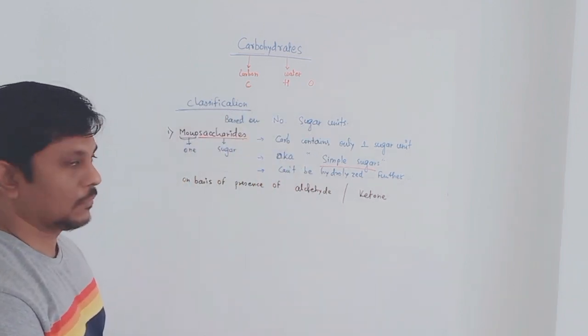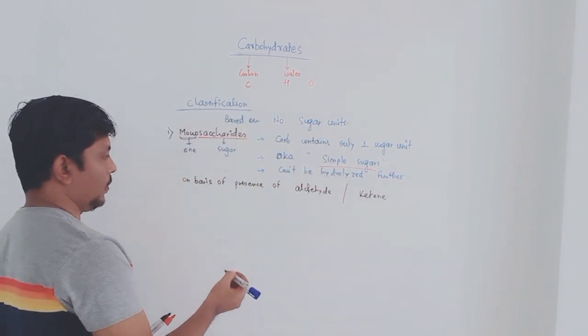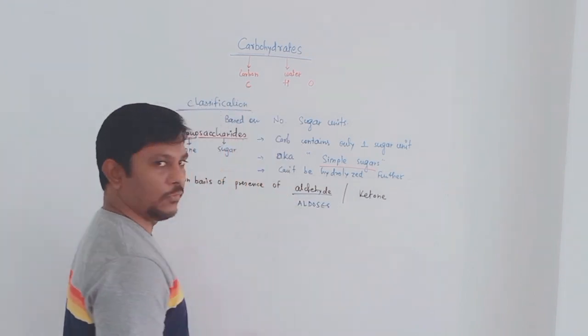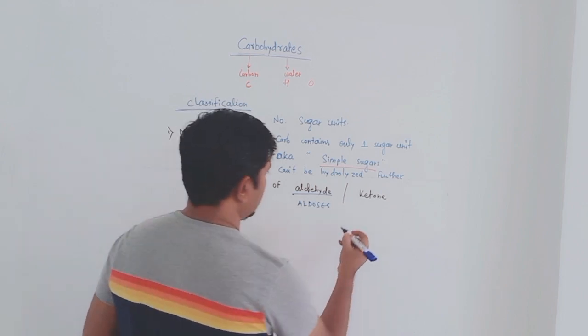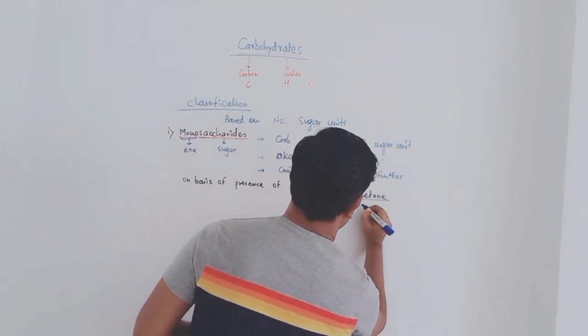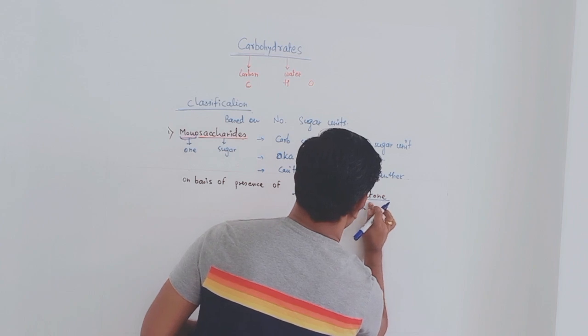If we classify on the basis of aldehyde, the monosaccharides which contain aldehyde are called aldoses, and those which contain ketone are called ketoses.